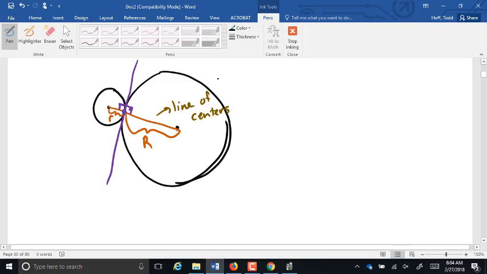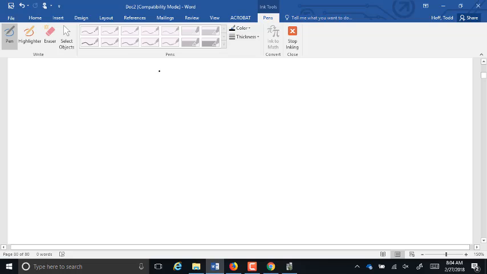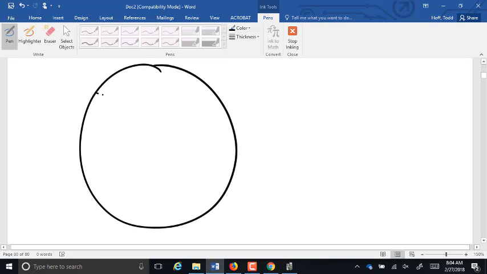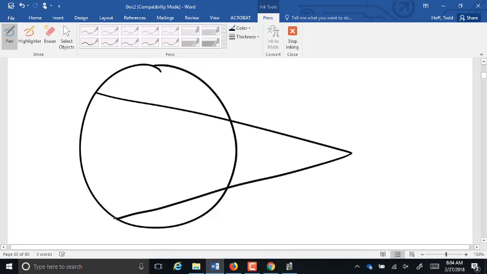Now let's put together some of the stuff we have learned here. So let's say that we know this angle over here is 28 degrees.